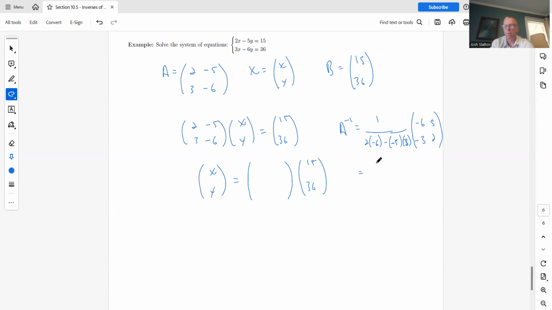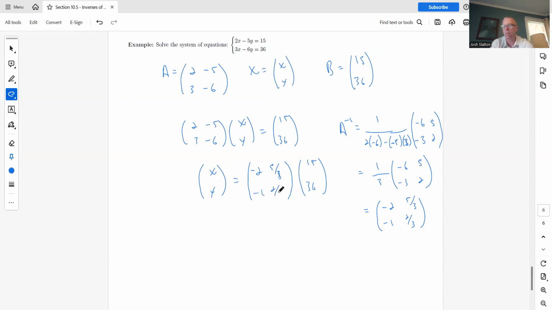All right, so that gives us 1 over negative 12 plus 15, so 1/3, times negative 6, 5, negative 3, 2, and then we'll multiply each of those entries by the 1/3. So we get negative 2, 5/3, negative 1, 2/3. And so that would be our A inverse.